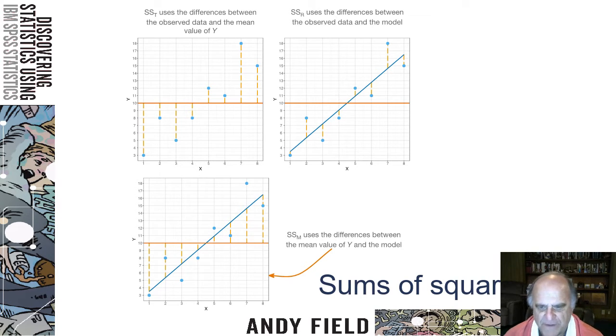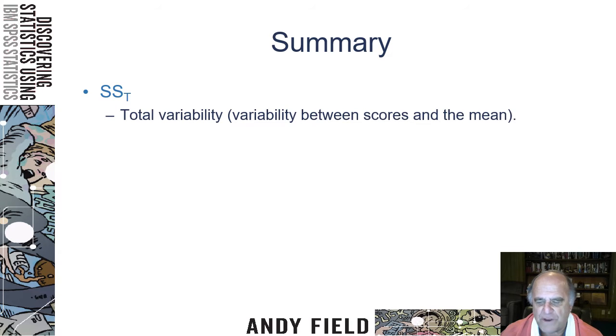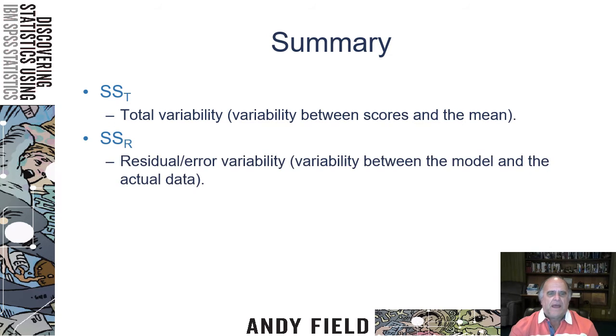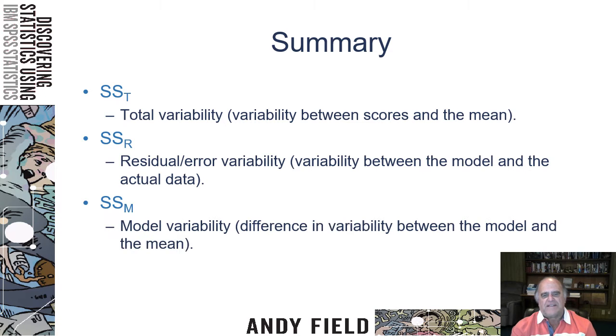So a brief summary again: SST is the total variability, the variability between scores and the mean. SSR is the residual or error variability, the variability between the model and the actual data. And SSM is the model variability, the difference in variability between the model and the mean. That's how Field labels them. It's a little bit of an unusual labeling, but that's how Field labels these sum of squares values.